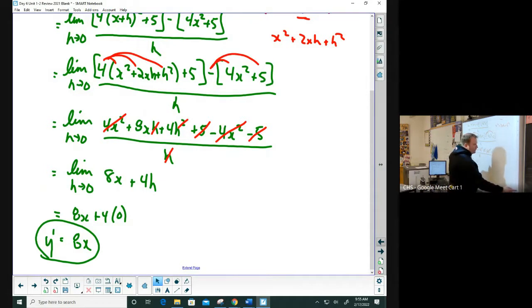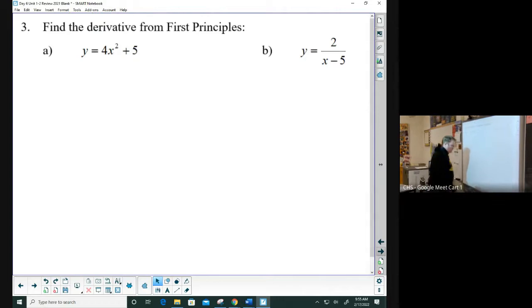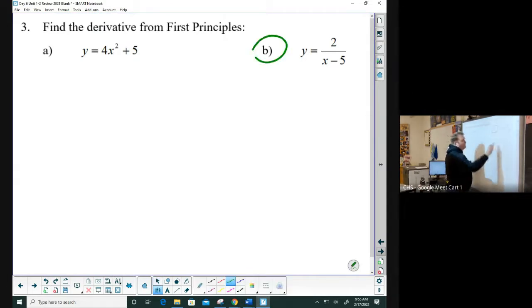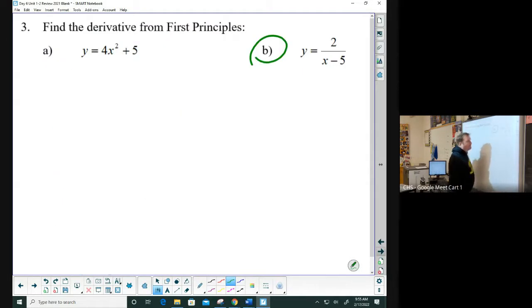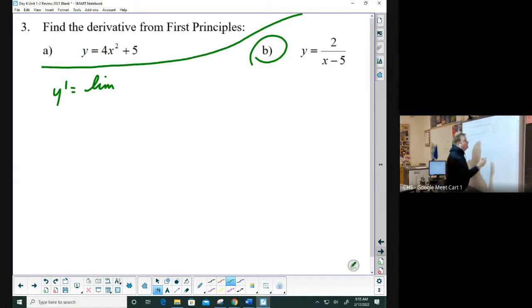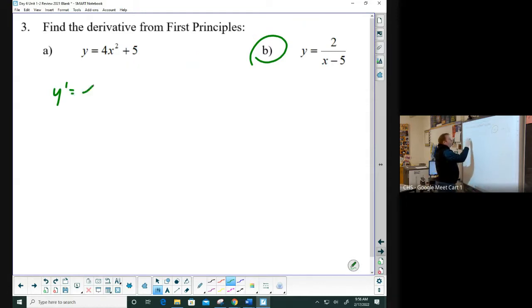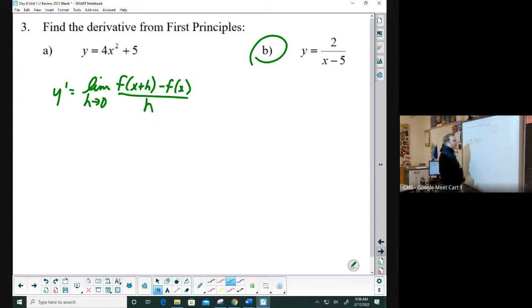Now I'm going to do B. That first one was A. Same strategy. y prime equals the limit as h approaches 0 of f at x plus h minus f at x, all over h.